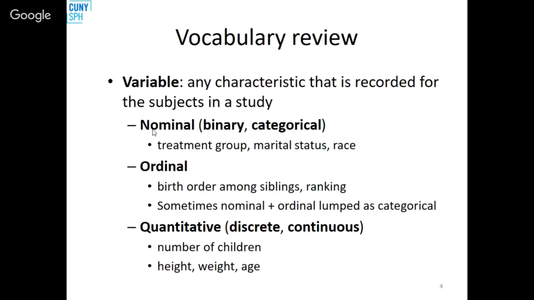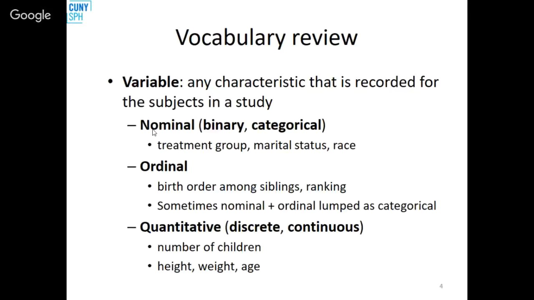Variable, a word that we'll be using lots, is any characteristic that is recorded for the subjects in the study, and this is where we talked about those types of data, the nominal data, including binary and categorical data types such as treatment group, marital status, race. Ordinal data, which are similar except that they have an order, such as the birth order among siblings.